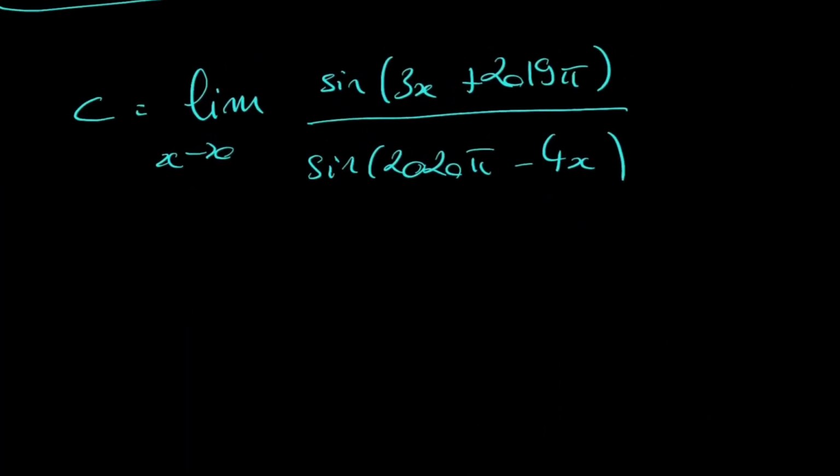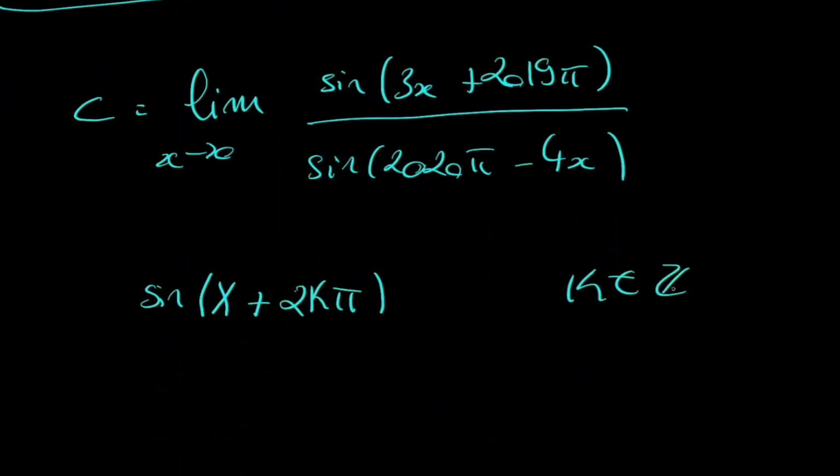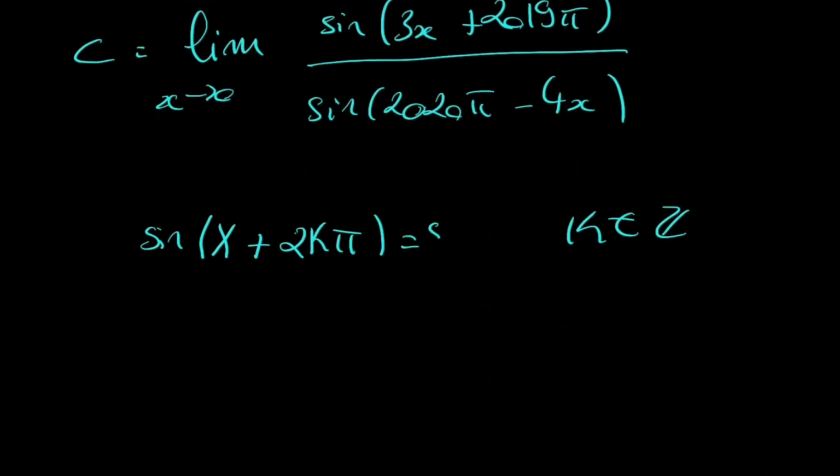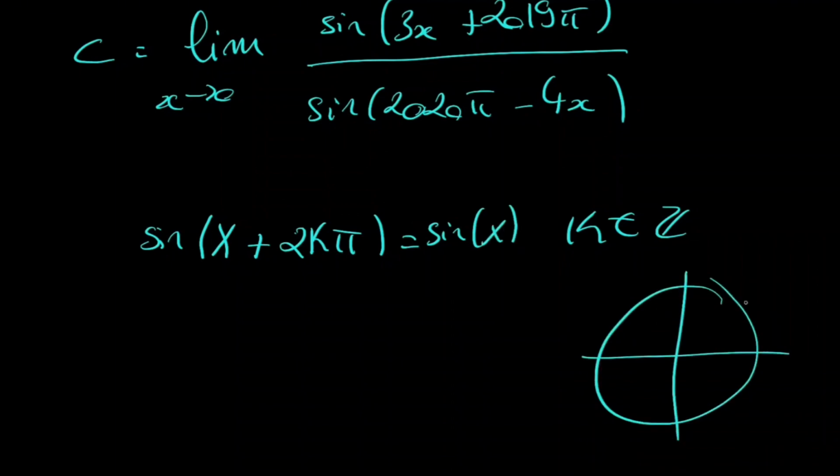because we know that sinus of some angle plus 2k pi, with k in Z, so sinus plus 2 pi times some integer or some negative integer will be equal to sinus x, because if you represent it on the trigonometric circle, sinus of this angle plus something like 2 pi will just do k turns around the trigonometric circle, so this will be the exact same value.